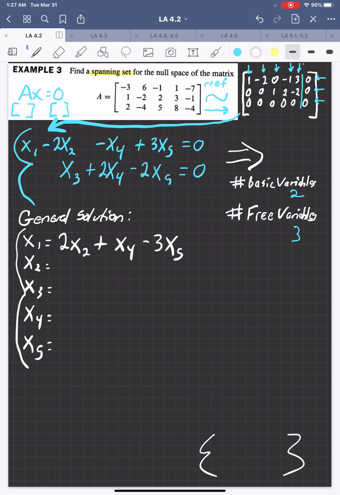So x sub 3 is going to be equal to negative 2x sub 4 plus 2x sub 5. Okay, now every other variable in this system is what we call a free variable.